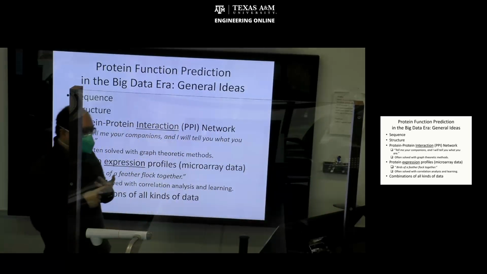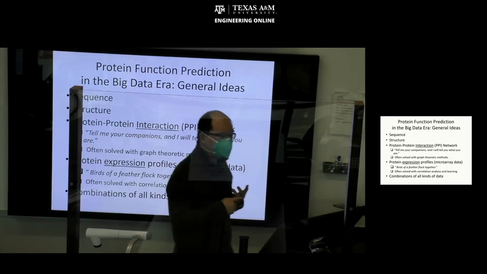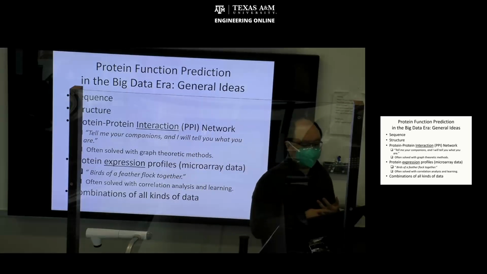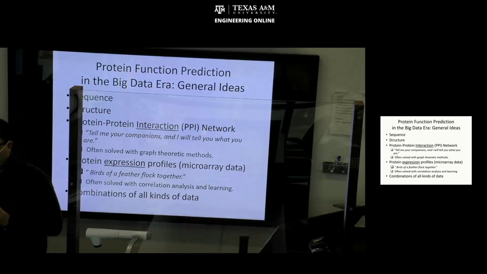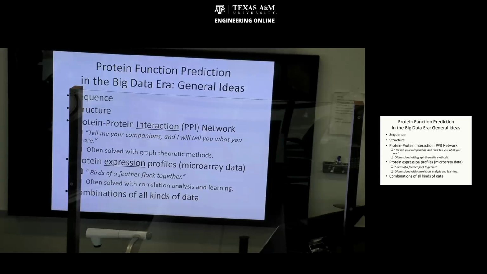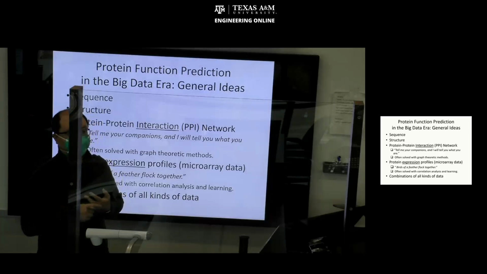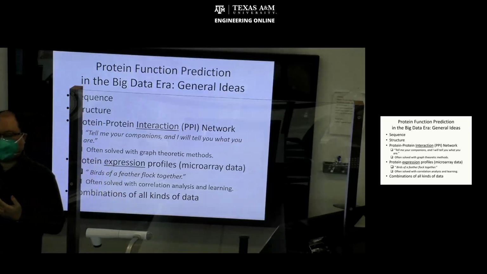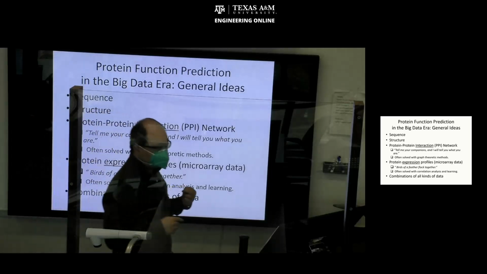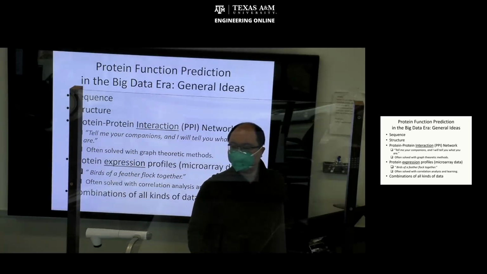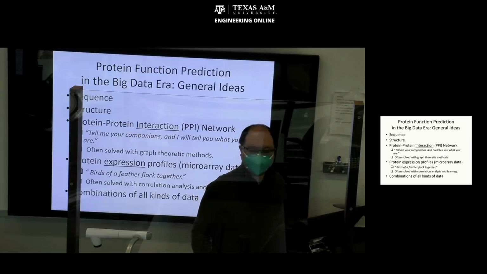So we talked about what a protein function is, or more specifically, how we can describe a protein function. Can someone tell me how we describe a protein function? Using what? Two words. How do you describe a protein function?